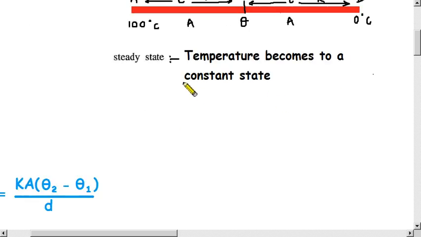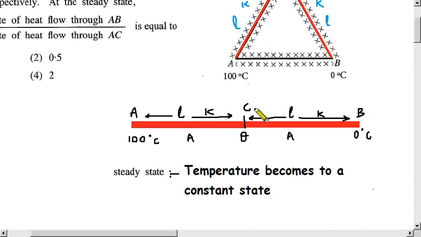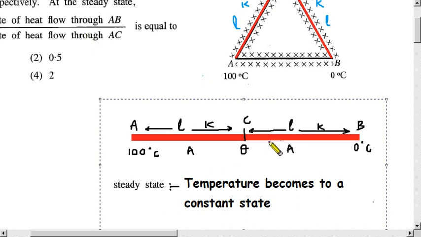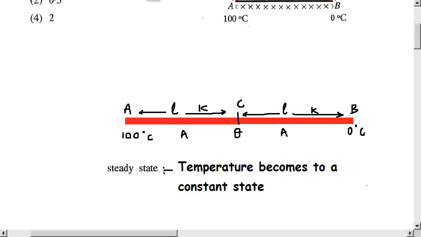At this steady state, why do the thermometers get a constant reading? Why does the temperature become constant? Imagine that there is a thermometer like this.